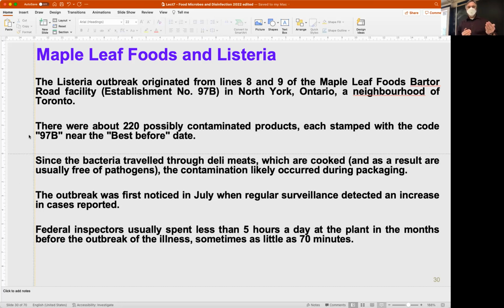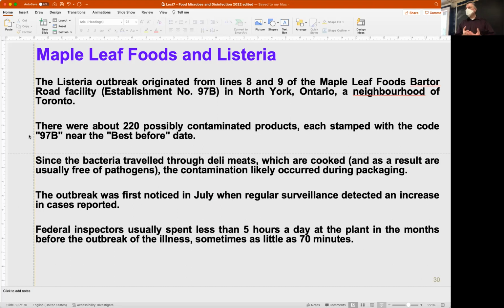So at Maple Leaf Foods in North York, lines 8 and 9 are where it actually came out of. There are over 200 contaminated products, and everything that people got in their hands at home with the 97B could possibly have been contaminated from Maple Leaf Foods.